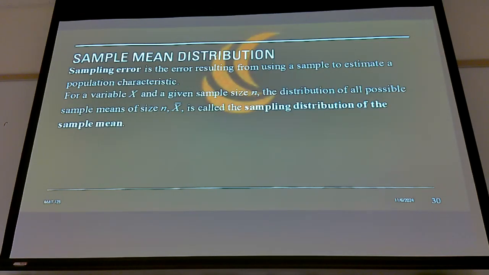Variable x with a given sample size n, the distribution of all possible sample means of size n, which we represent as x bar, is called the sampling distribution of the sample mean, or just the distribution of the sample mean.